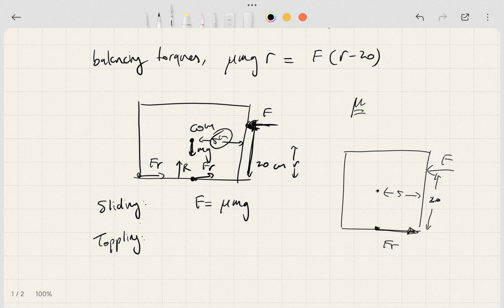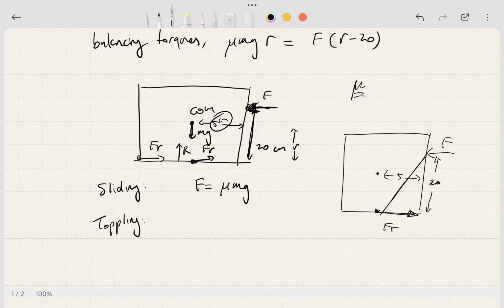Okay, so you can sort of connect it here. So where are we going to take the torque at? Is it the center of mass or somewhere else?